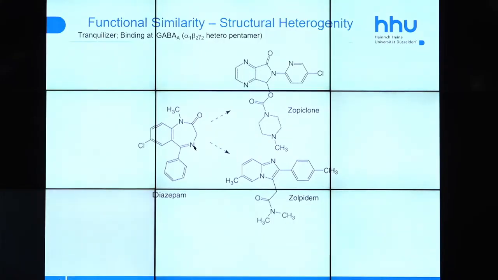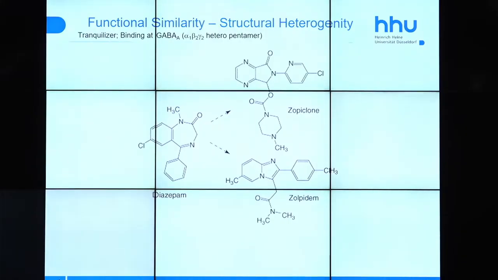So here you go into a different pattern, and into a new class of compounds. They have very similar binding properties, but these Z compounds are even more selective than the other ones. They only bind to one subgroup of this GABA A receptor.